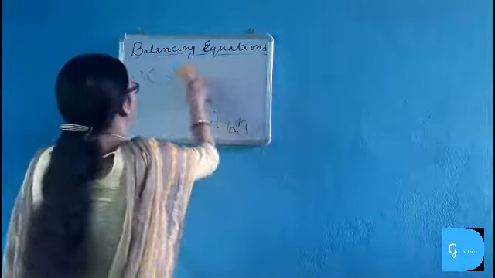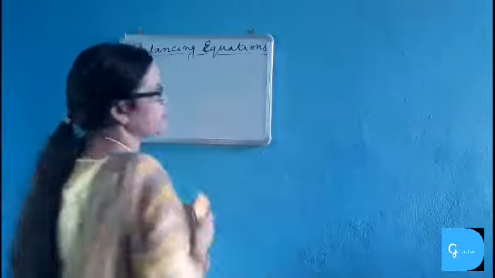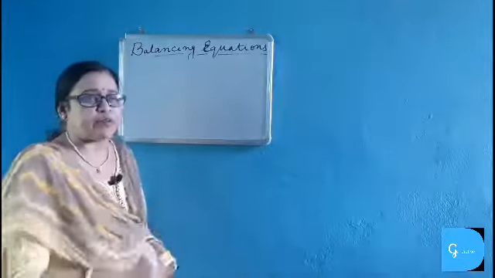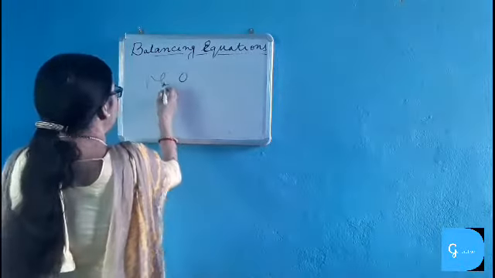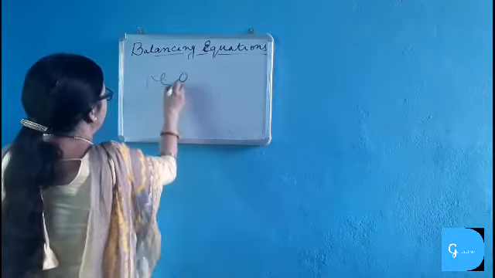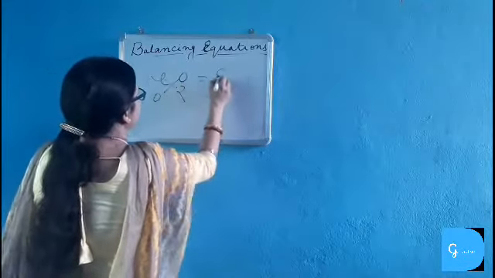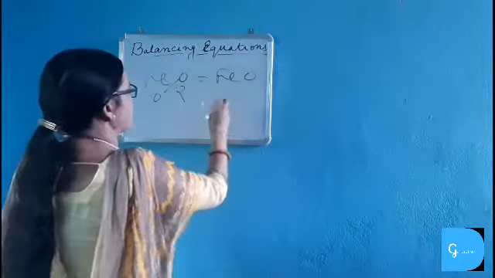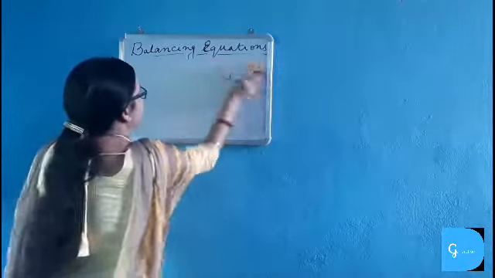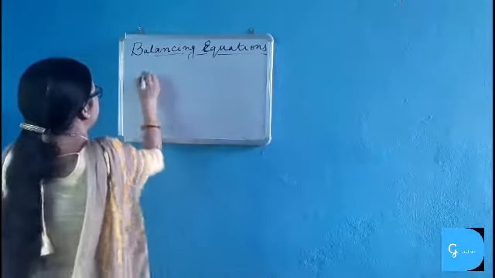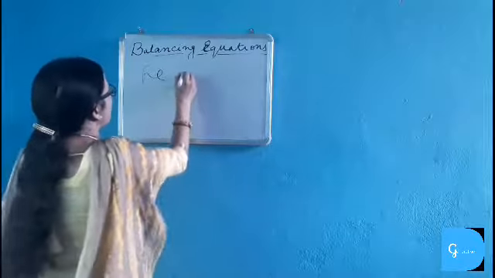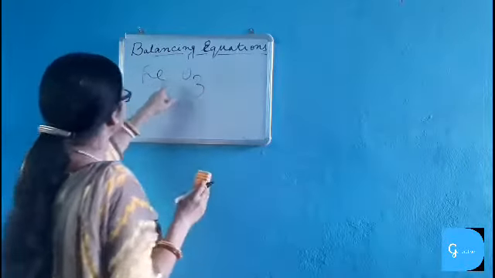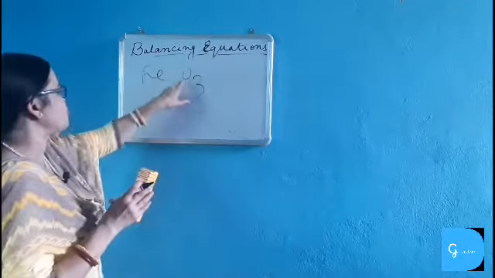Now for iron oxide, it must be clear to you. There are 3 types of iron oxide. When it is ferrous oxide, we write FeO, meaning the valence of iron is 2 and the valence of oxygen is 2. So it is written FeO, or iron 2 oxide, ferrous oxide. When the valency of iron is 3, it gives ferric oxide or iron 3 oxide, Fe2O3. Here the valency of iron is 3 and the valence of oxygen is always 2.